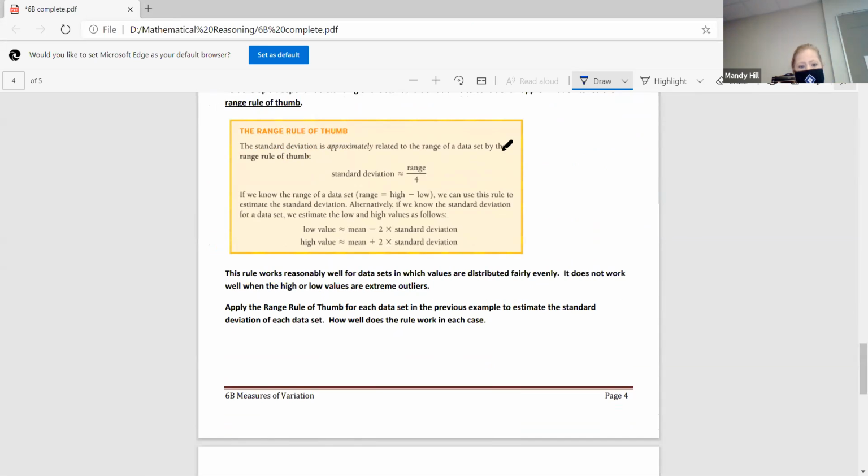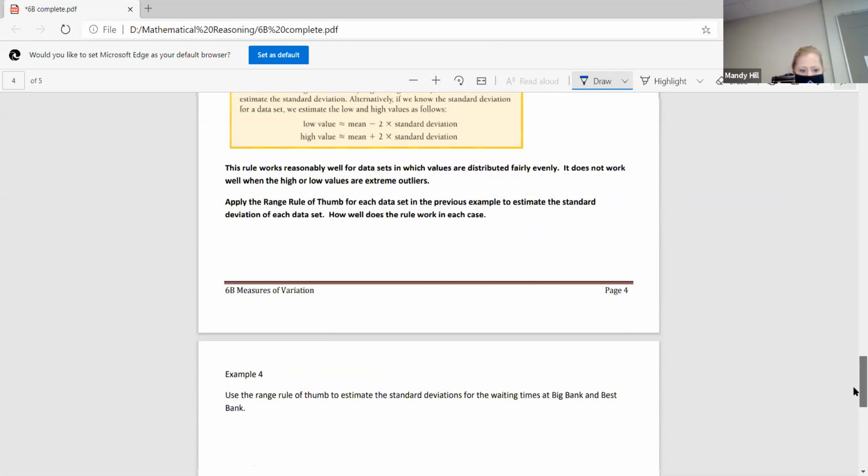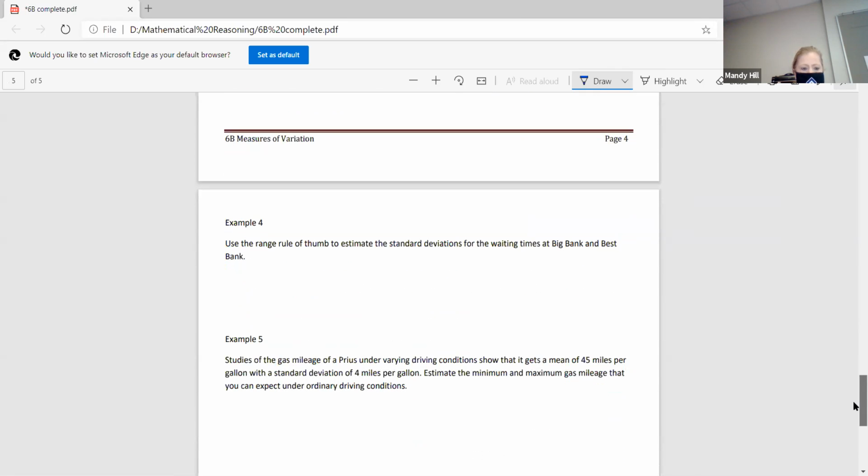Okay, so it's called the range rule of thumb, and it tells you how to come up with it right here. So let's just do this. It says use the range rule of thumb to estimate the standard deviations for the waiting time at Big Bank and Best Bank. So let's do Big Bank.